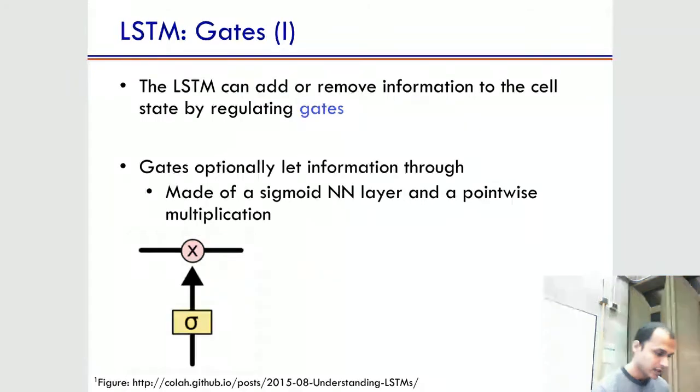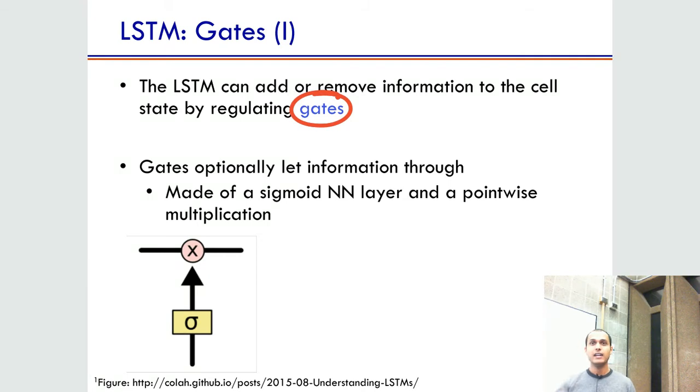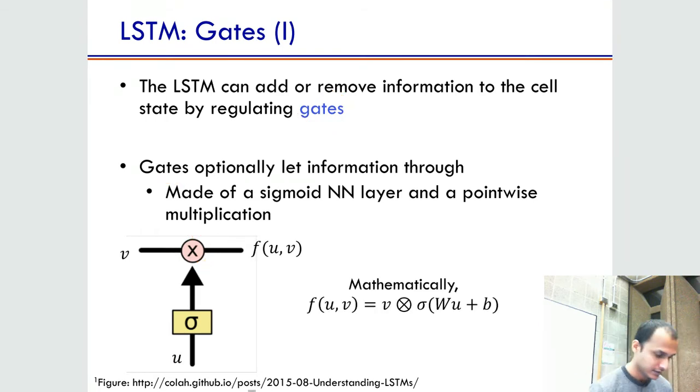We're going to modify the cell state, those addition and multiplication that we saw, using a gadget called a gate. So what is a gate? A gate is just a gadget which lets information through optionally.